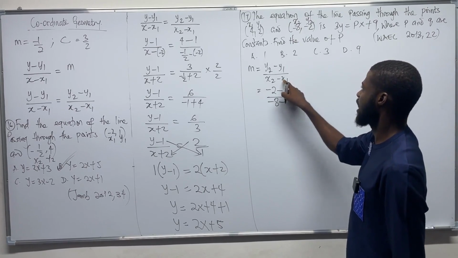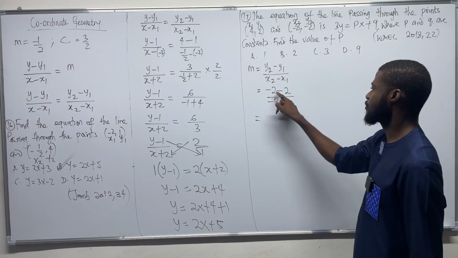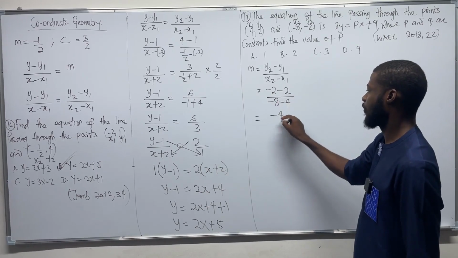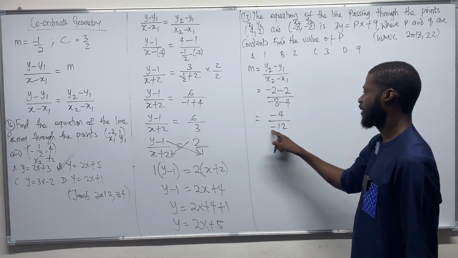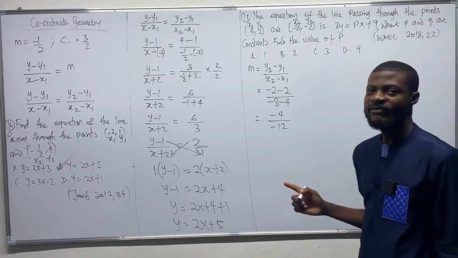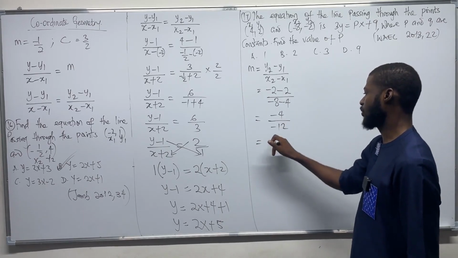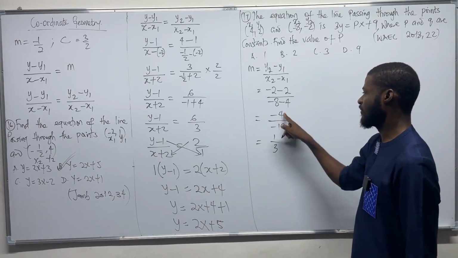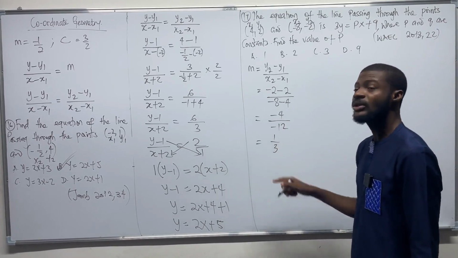Then minus, what is x1? x1 is 4. Now minus 2 minus 2 is minus 4. Minus 8 minus 4 is minus 12. If the minus cancels the minus, you can see that 4 is common. So 4 can divide this. When 4 goes in, you're going to have 1 over 3, because 4 over 4 is 1 and 12 over 4 is 3. So the gradient is actually 1 over 3.